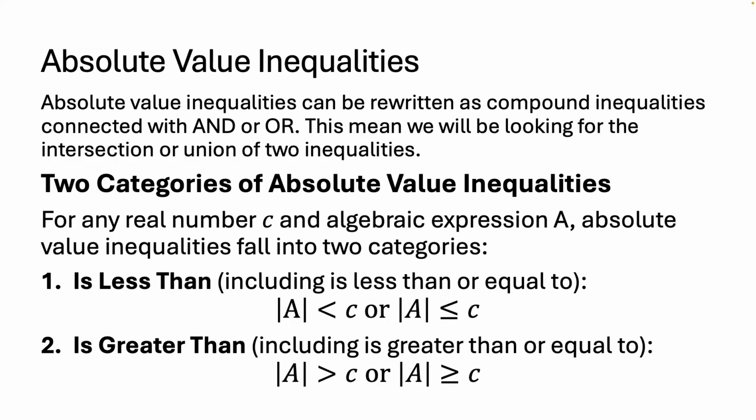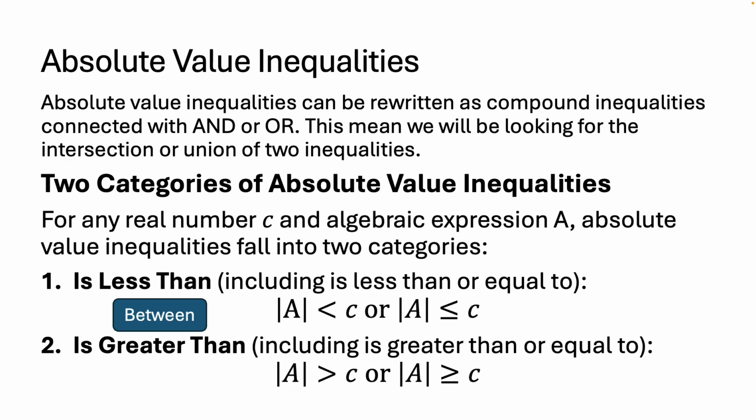This is when you have the absolute value of the algebraic expression A is greater than C, or the absolute value of the algebraic expression A is greater than or equal to C. So these two categories just depend on what type of inequality is related to the absolute value.